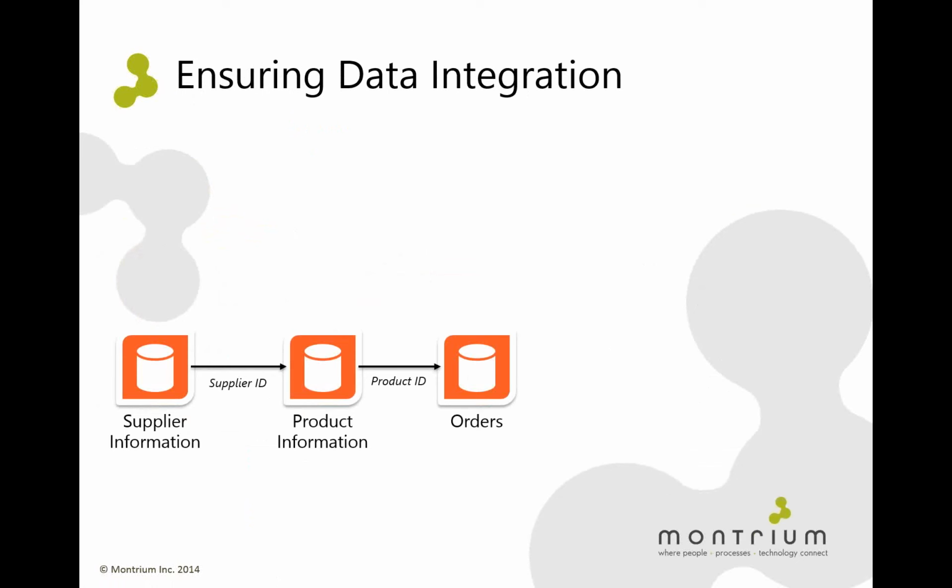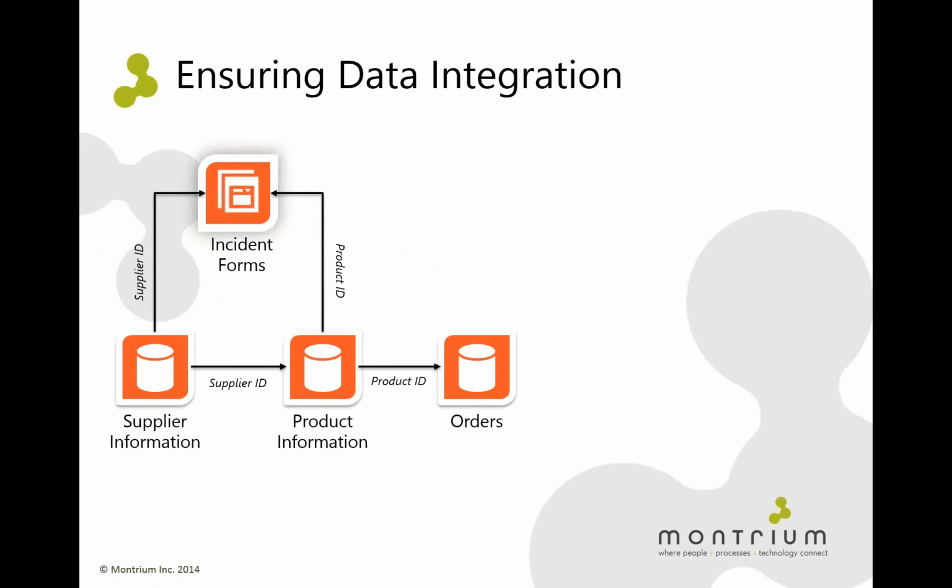And so this data really lives outside of our quality system, but it's very important. That data needs to link into our quality system through the incident form, similar to what we saw earlier in the demonstration. And so we're providing supplier information and product information to that incident form so that we can properly cross-reference it.